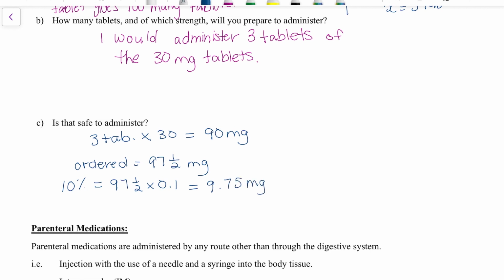So that means I can do 97.5 plus 9.75 is 107.25 milligrams, and I can go down by that much, so 97.5 minus 9.75 is 87.75.